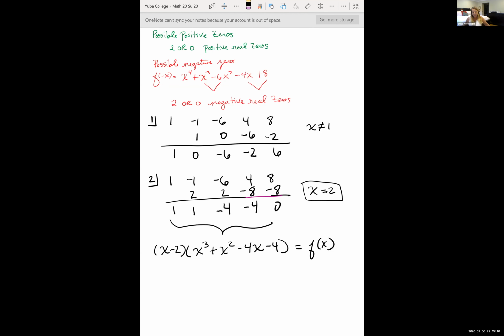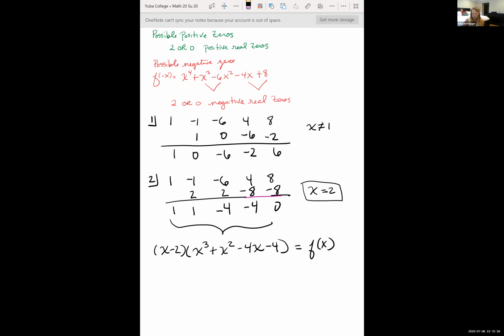So I can continue with my process. Actually, looking at this degree 3 polynomial, that does exclude 8 or negative 8 as a possible solution, because look at my constant, negative 4. What I'm showing you right now, though, are tricks to help you factor or help you find zeros.